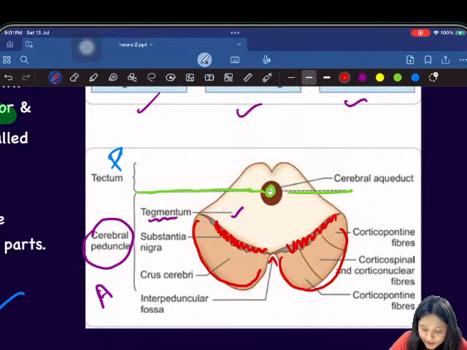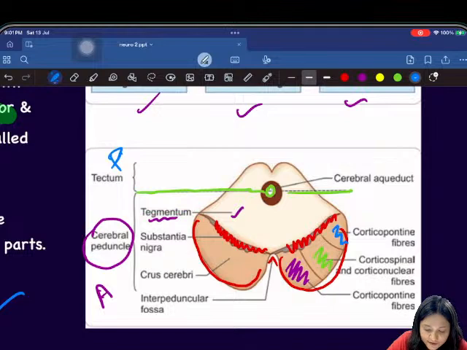The crus cerebri is divided into the medialmost part, the corticopontine fibers, in the middle the corticospinal and corticonuclear fibers, and on the lateral most part again the corticopontine fibers. We will study those fibers later, but for now you have to know that the anterior part is the cerebral peduncle and the posterior part is the tectum.